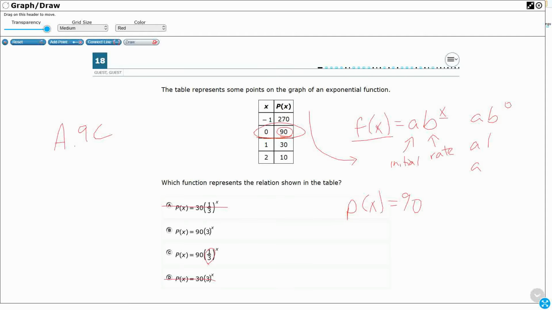Now we can calculate that if there were multiple fractions. What we do is we just look at the change of consecutive values. As long as we've got the x value changing by 1, which we do, right? The stepping of each of our x is going to be 1. So we can say 90 over 270 equals 30 over 90 equals 10 over 30.